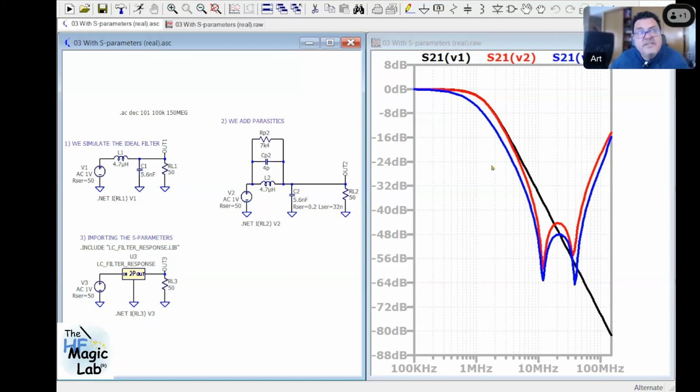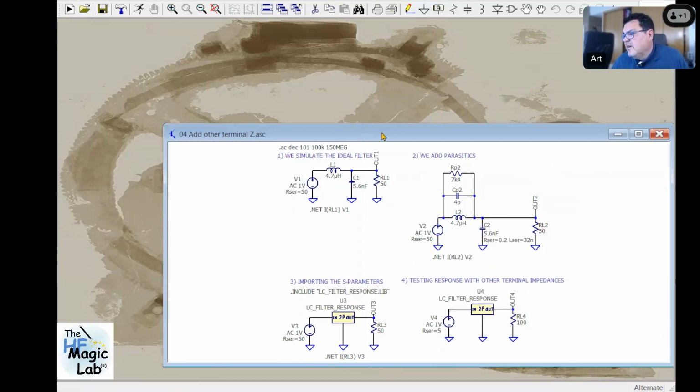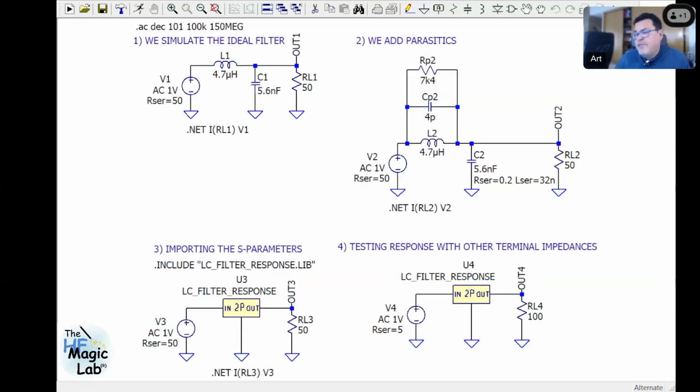The final thing you can do with simulation is in the fourth example, where I am using the same blocks. Let me close this one, and this one. Okay, so I have the first circuit, the ideal circuit, and the circuit with the parasitics in the components.